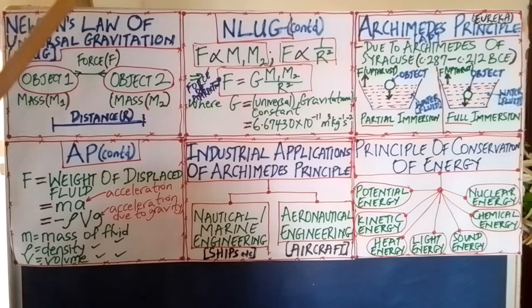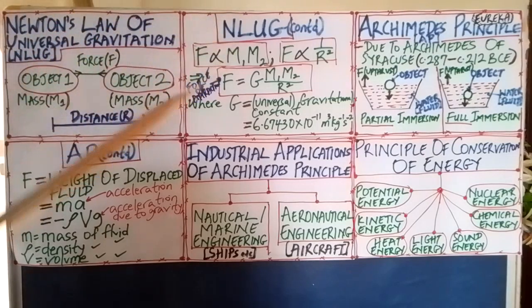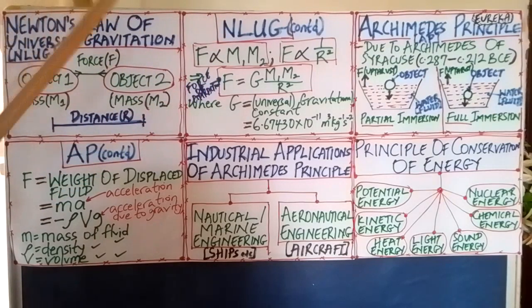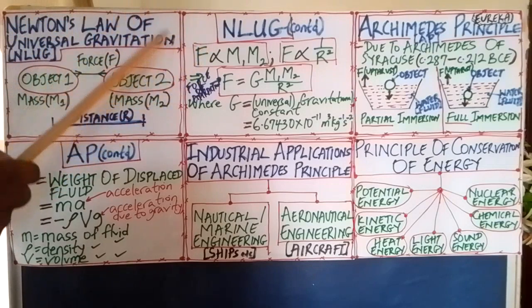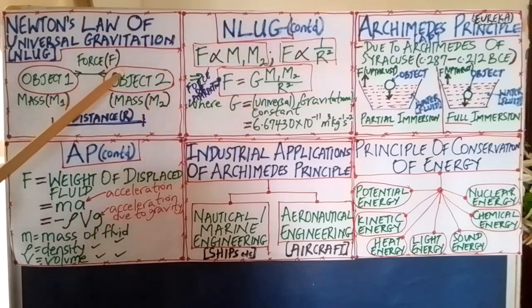There is a force of attraction between two walls of a building, between two buildings, between two planes, and so on and so forth. So that is what Newton's law of universal gravitation is all about. Connecting the masses of the two objects with the force of attraction between them and the distance.